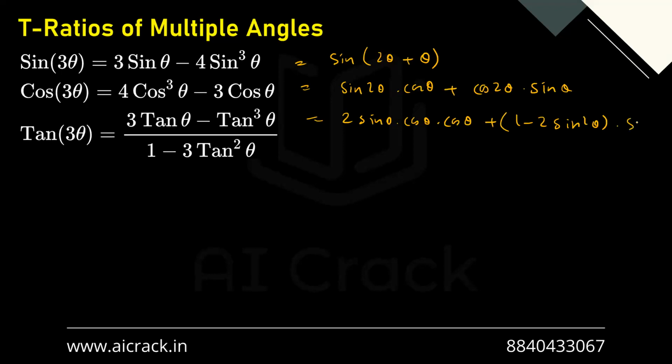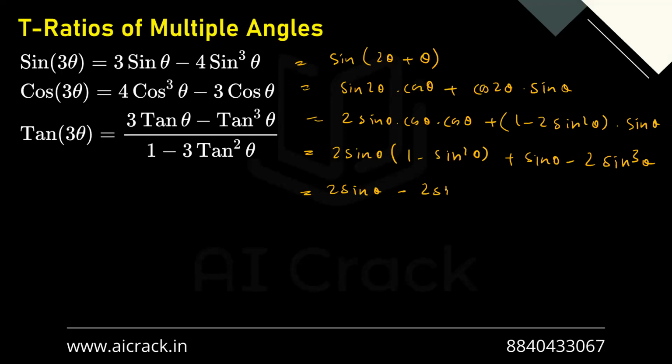Now this becomes 2 sine theta dot cos square theta. You can write 2 sine theta times 1 minus sine square theta plus sine theta minus 2 sine cube theta. So this becomes 2 sine theta minus 2 sine cube theta plus sine theta minus 2 sine cube theta. Eventually it becomes 3 sine theta minus 4 sine cube theta.